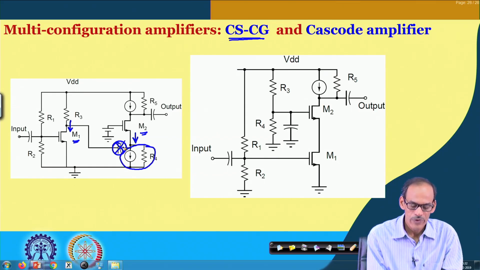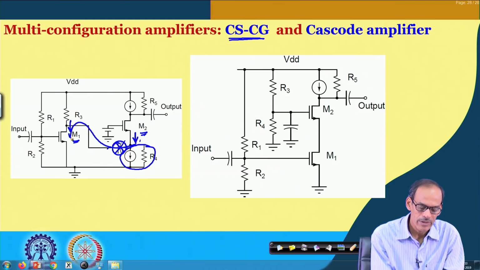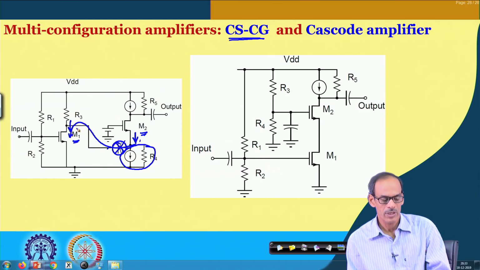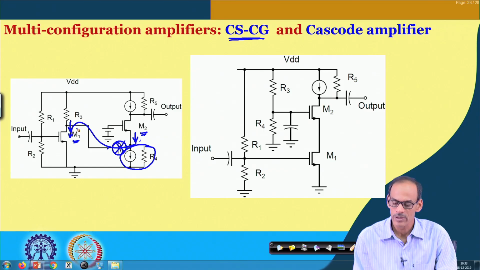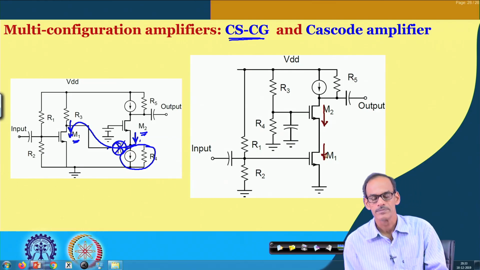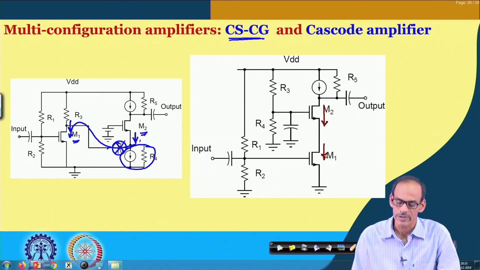If we directly couple here, the source terminal current of M2 can directly supply the required drain terminal current of M1. So, here we can see the current of M1 is helping to provide the bias for M2, and the current of M2 is helping to provide the bias of M1, and vice versa.